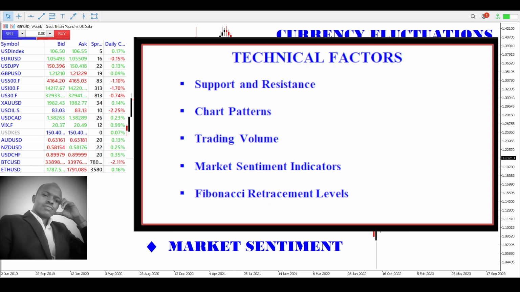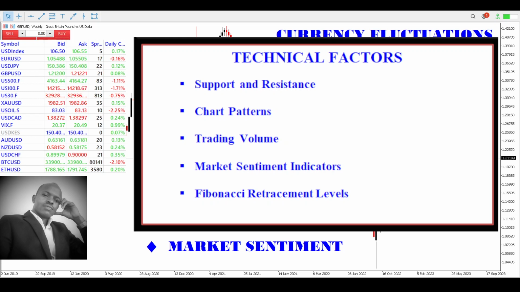So another technical factor is the trading volume. Trading volume usually provides insight to market participants on the strength of price movements. So market participants can get an insight depending on the volume that is available in the market and how strong such prices are.